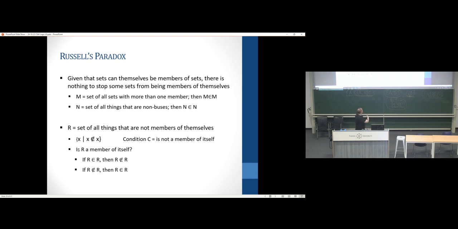Because remember, the condition that R is defined by is not being self-membered. So if R is a member of itself, then it is not. And of course, if it's not a member of itself, well, then it must be a member, because it's the collection of all things that aren't self-members. So no matter which option you go with, you get the opposite result.